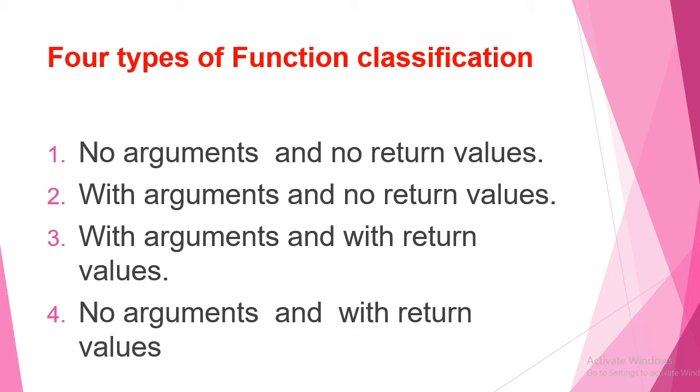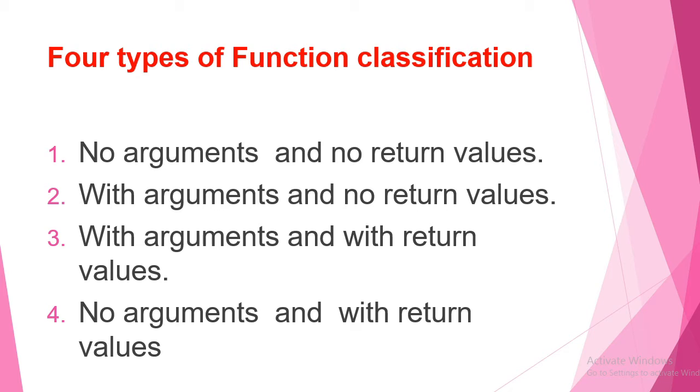Second is with arguments and no return values, which means we have to give the input but we are not getting an output. Third, with arguments with return values, which means we are giving an input and we are getting an output. Last is no argument with return values. We are not giving arguments, meaning not giving input, but we are getting an output.